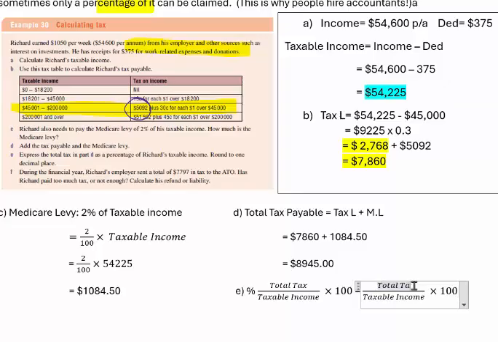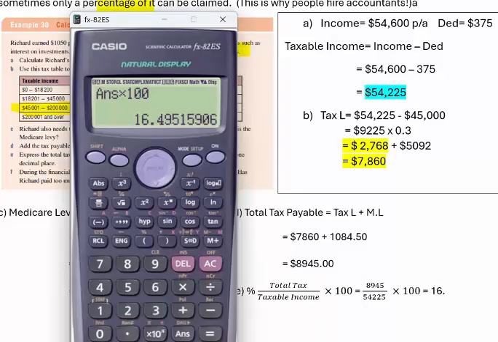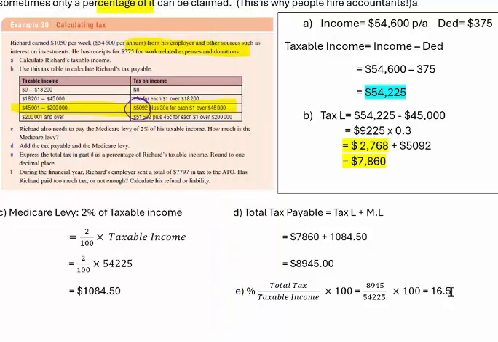So what's your total tax? $8,945 over your taxable income, which is $54,225, times that by 100. Put that in your calculator. I've just run out of space for the answers. So 16.5%. I think it wanted one decimal place.